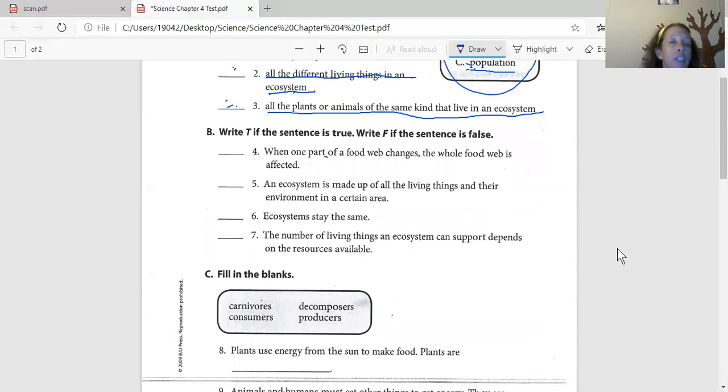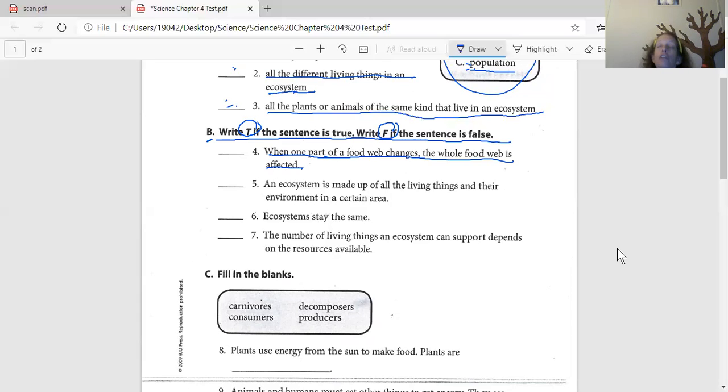Number 4, directions. Read them with me. Write T if the sentence is true. Write F if the sentence is false. Okay? So your choices are T or F. And here we go. Number 4, when one part of a food web changes, the whole food web is affected.